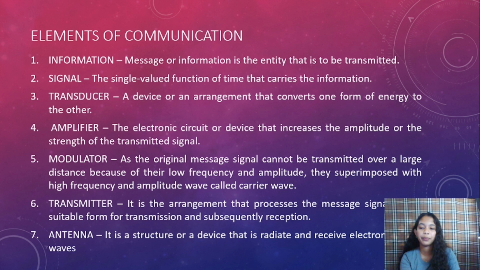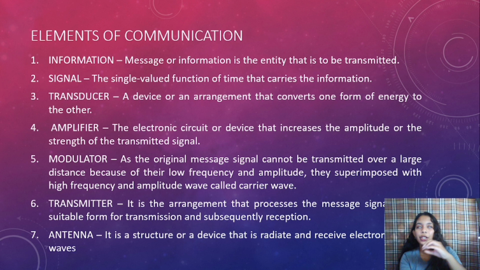Next is the modulator. As the original message signal cannot be transmitted over a large distance because of their low frequency and amplitude, they are superimposed with a high frequency and amplitude wave called carrier wave.